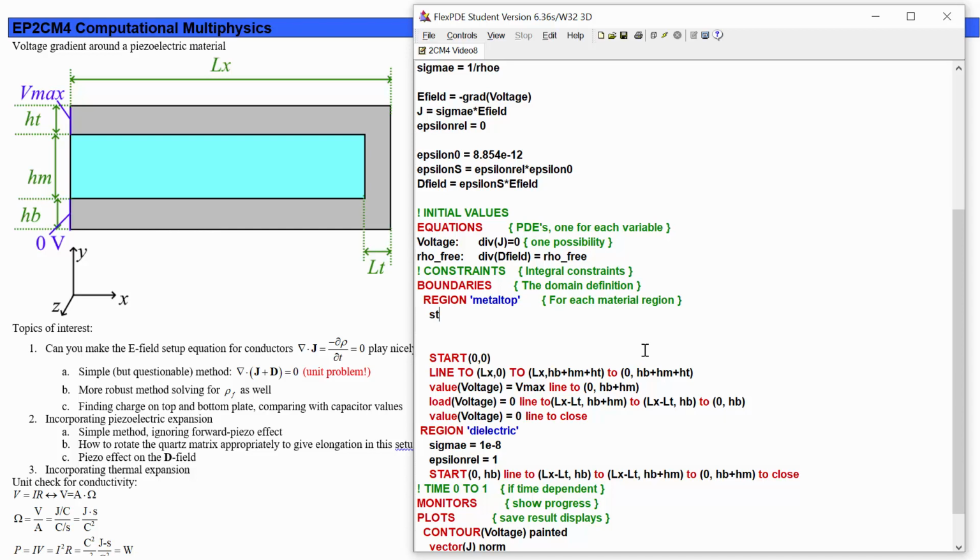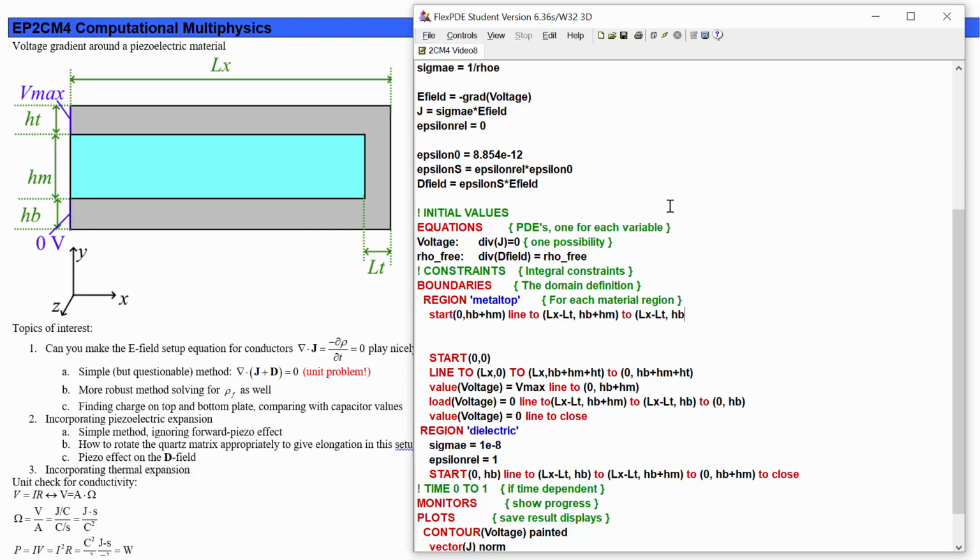Okay, so let's give that a shot. We're going to start at 0, HB plus HM, line to Lx minus LT. So that's from there over to the right. Then we're going to go down to there, HB plus HM to Lx minus LT.